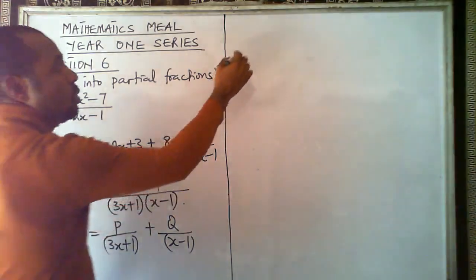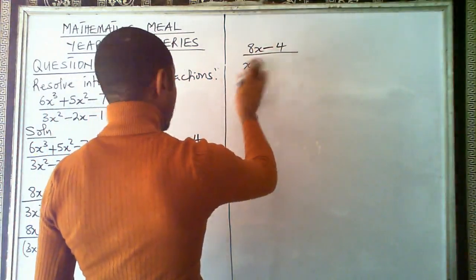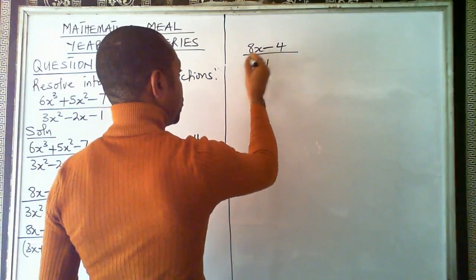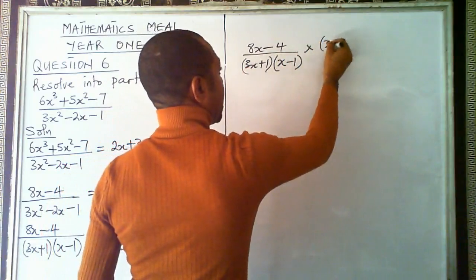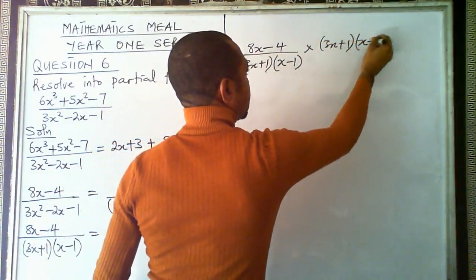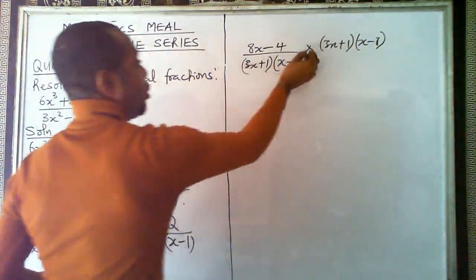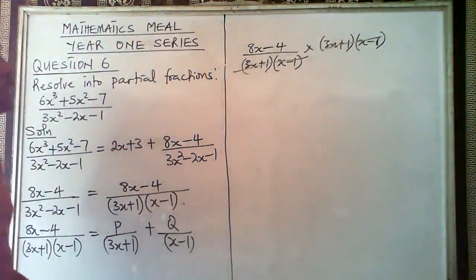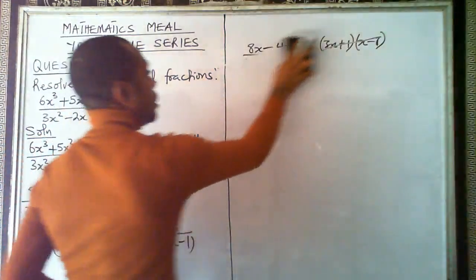That is, if we do 8x minus 4 over 3x plus 1 into x minus 1 times 3x plus 1 into x minus 1. If you use this to multiply this side, the whole of this will go. You see?